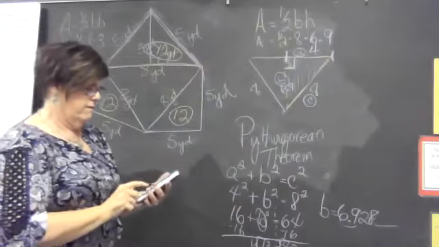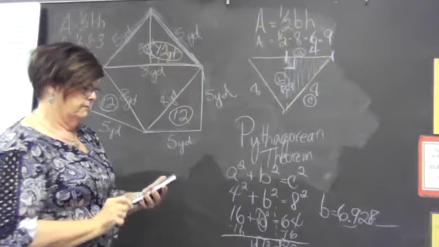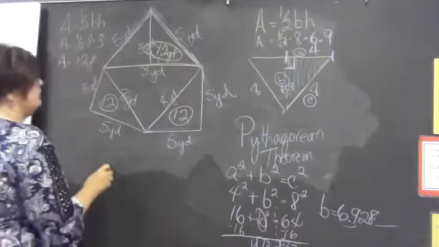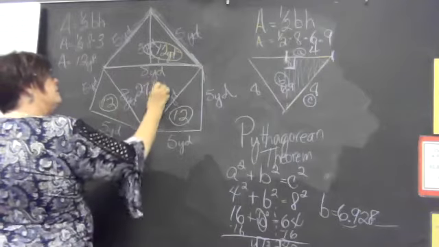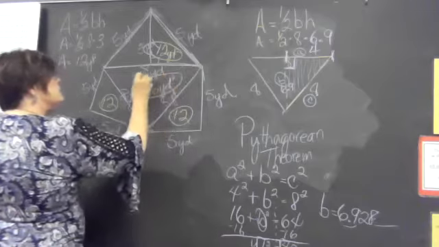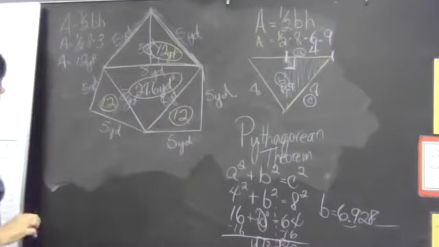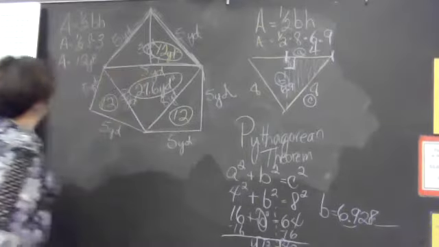So we have 27.6. And remember that this is rounded. So it's possible that I'm going to be off a few decimal points.